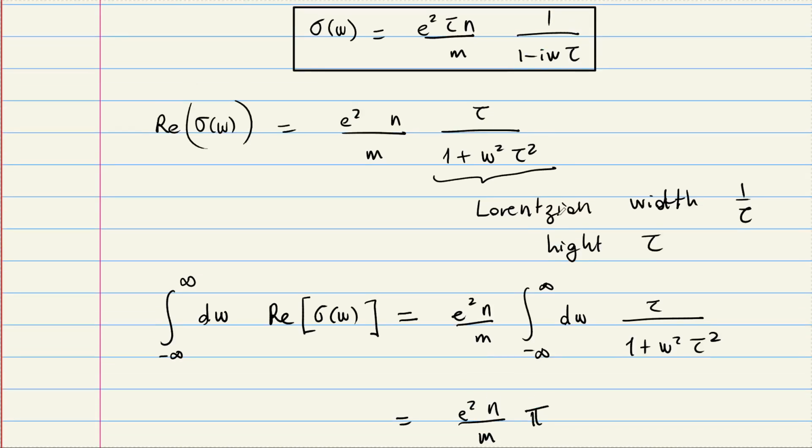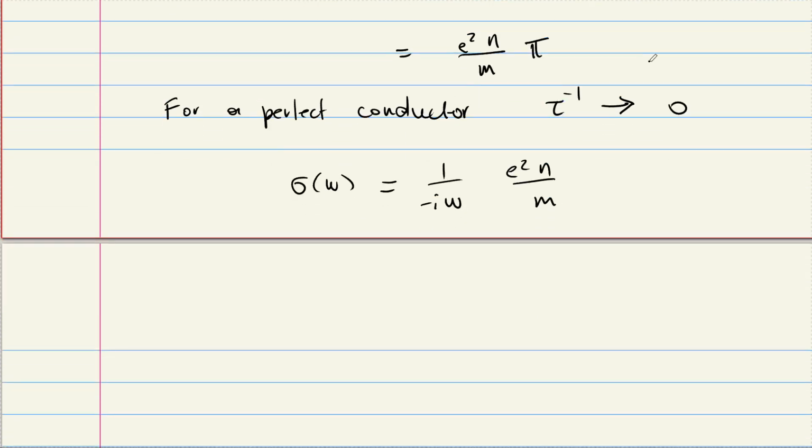I didn't do anything, I just put the tau goes to 0 limit in this thing, and it gave me a purely imaginary conductivity, and we can see this is the inductive component. That means there is no dissipation, and that's what we should have because we said scattering goes to 0.